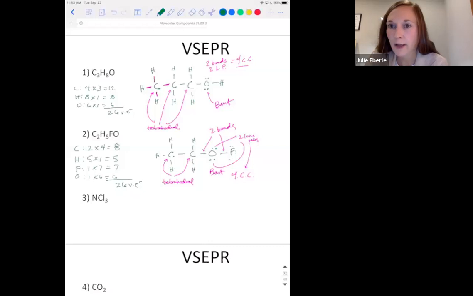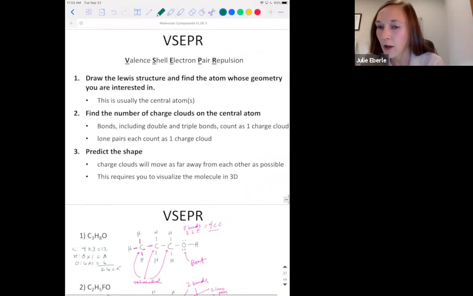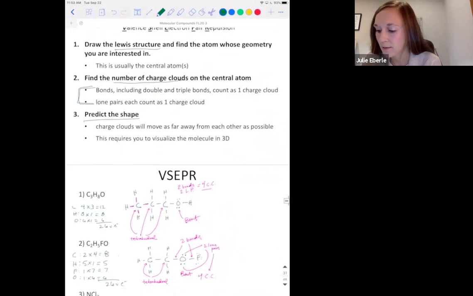And if you're wondering how am I getting all this correct, well, I've taught the class a few times, but I'm following these rules, right? So we're drawing the Lewis structure. Then we're adding up the charge clouds. And remember, these things are how we add up charge clouds. And then we're using that to predict the shape according to the table.